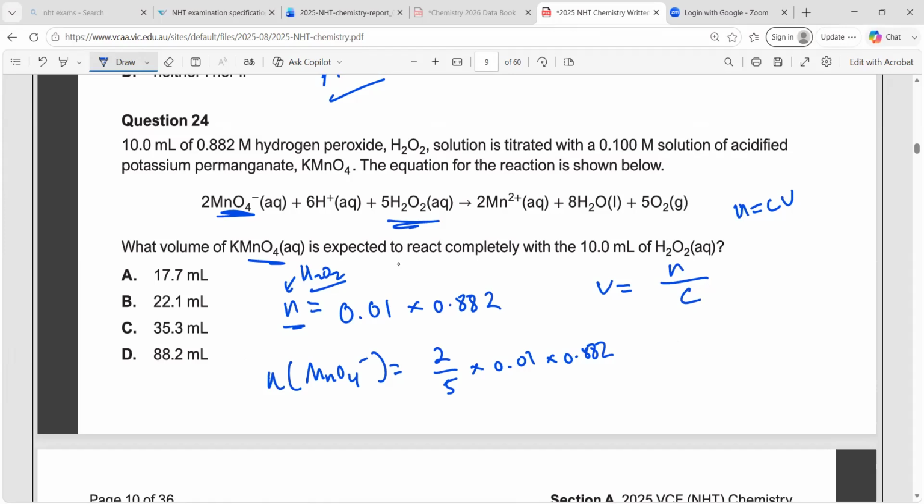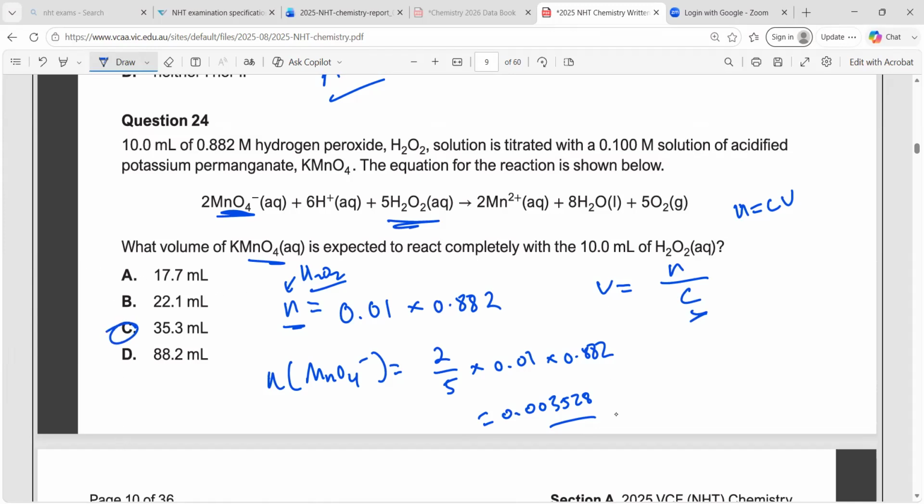So 0.4 times 0.01 times 0.882. That's 0.003528, the amount of moles of MnO4 minus. Then you divide that by the concentration, which is 0.1, and times it by 1,000, and you should get 35.28.